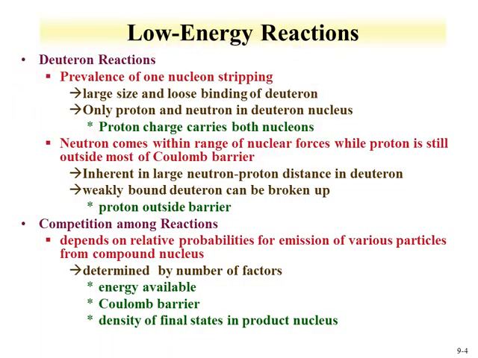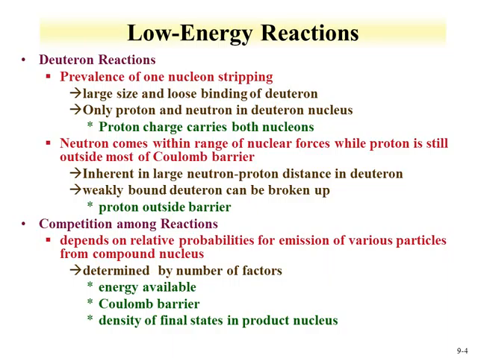So in essence, you can think of this as a way of accelerating a neutron by exploiting the fact that that neutron's connected up with a proton. And some of these reactions can actually occur where the neutron can penetrate the nuclear barrier while the proton is still outside most of the Coulomb barrier. And this is due to the fact that there's an inherent large neutron-proton distance in deuterium.